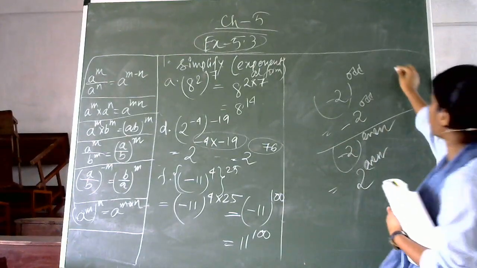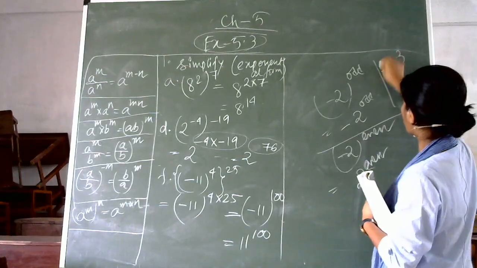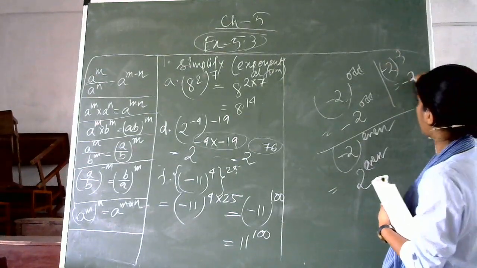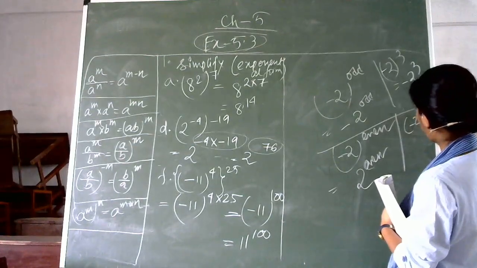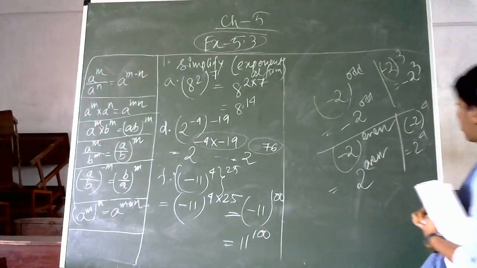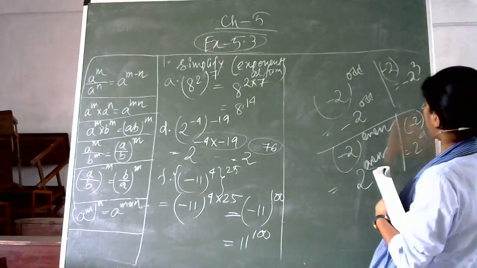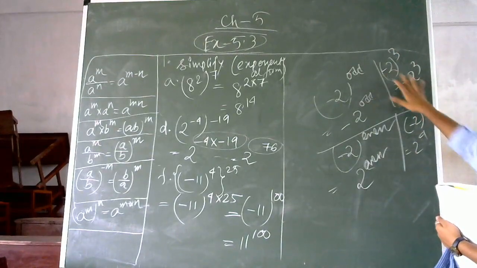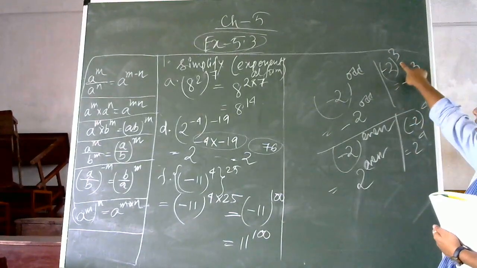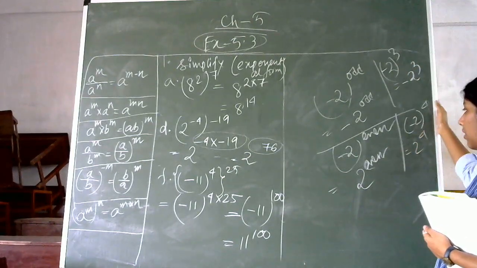For example, minus 2 to the power 3 will be minus 2 to the power 3, and minus 2 to the power 4 will be 2 to the power 4. So the power I'll write the same. Here the minus has to stay because the power is odd, and here the minus gets omitted because of the even power.